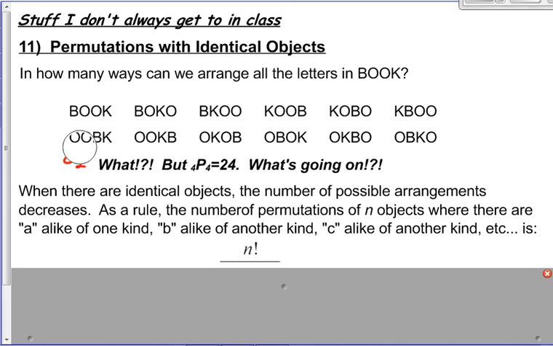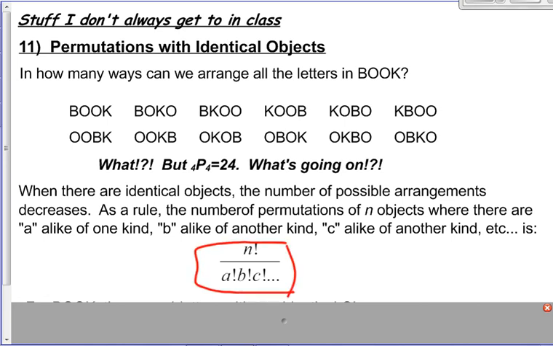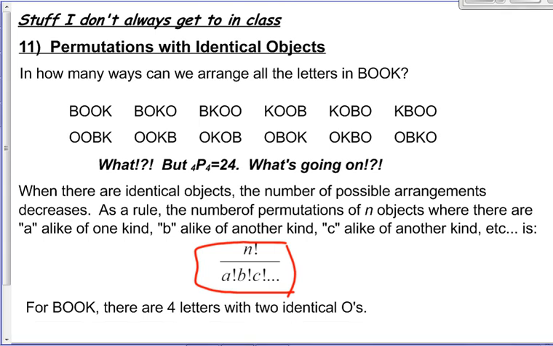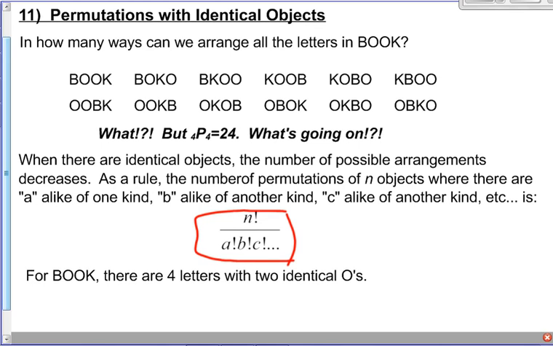They're the same. As a rule, the number of permutations of n objects where there are A alike of one kind, and B alike of another kind, and C alike of another kind, and those don't have to be the letters A, B, and C, just how many alike of one kind, is n factorial over A factorial, B factorial, C factorial, etc. So if we look at that on the word book, there are 4 letters, so that's going to be our n.